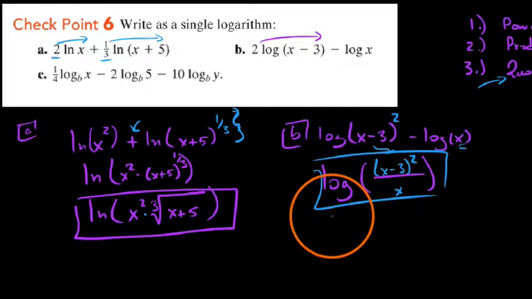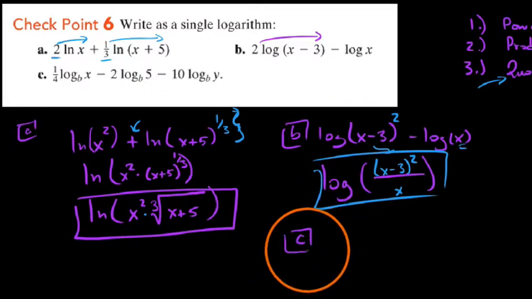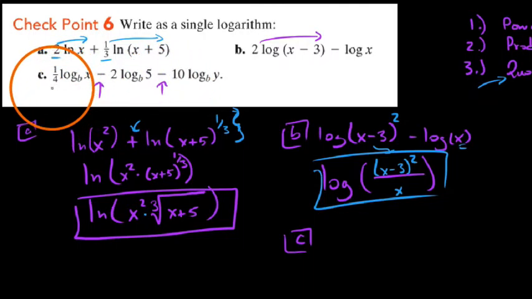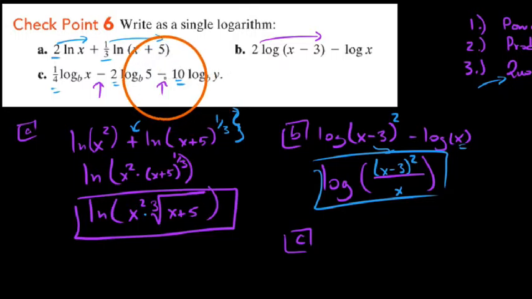Now letter C is a good one, because we have a double difference. We'll deal with that when we get to it, but let's start with our powers. Again, I notice these numbers out in front, we need to put them back. There are two ways to go about this. Certainly one of them is to rewrite this as adding the opposite of each of these terms. What I'm going to do is leave it as a difference for now.